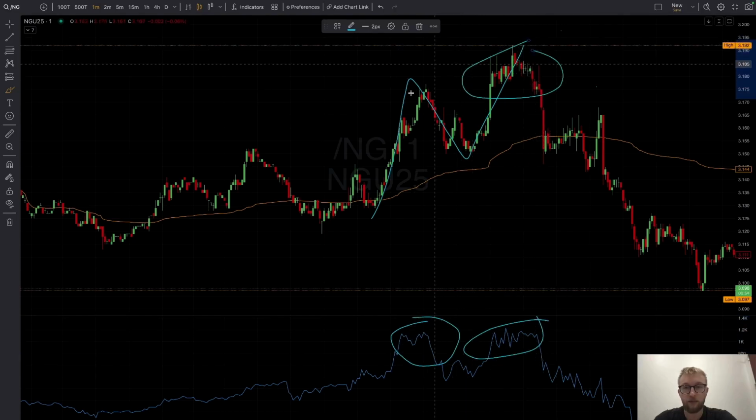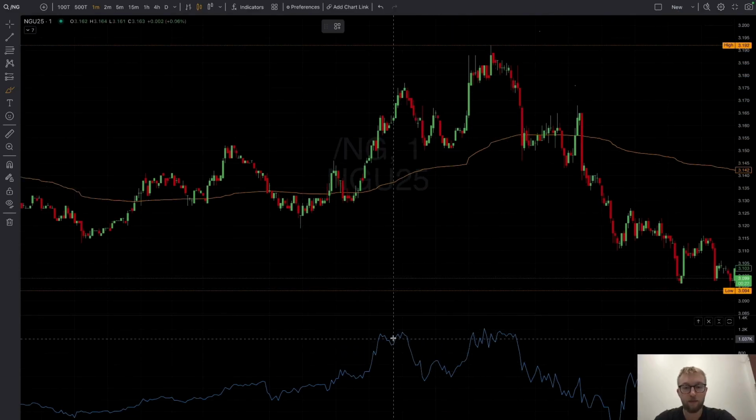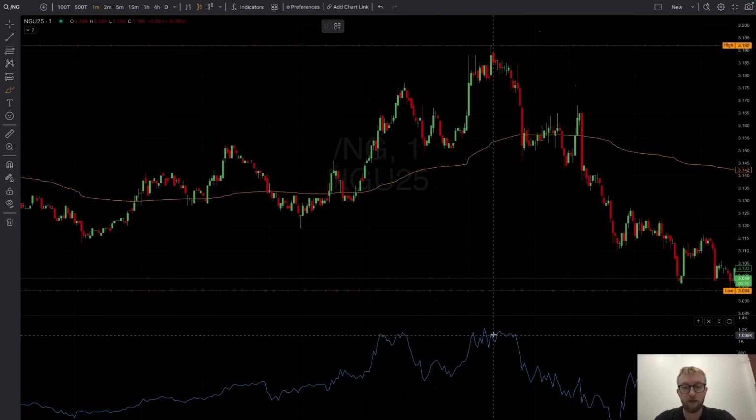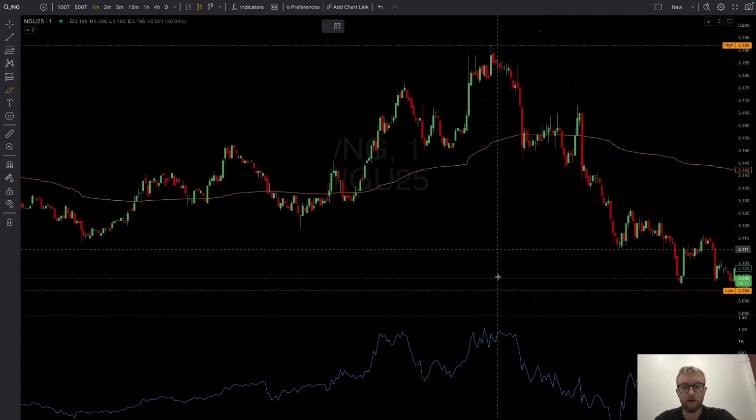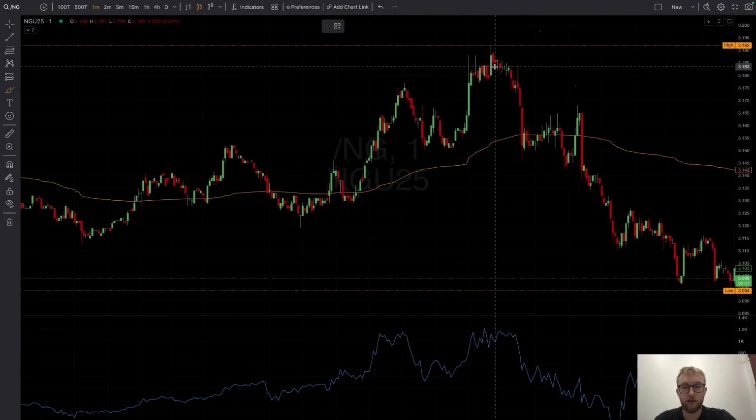And this is a top. Right here is a higher high, and here a high at the same level. So what this means is they're not buying more shares here. The price went higher, but there's no more accumulation than there was here. And so the price pretty much has to fall, and it fell sharply.